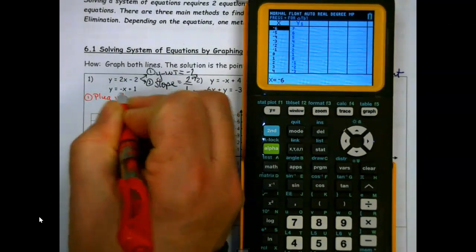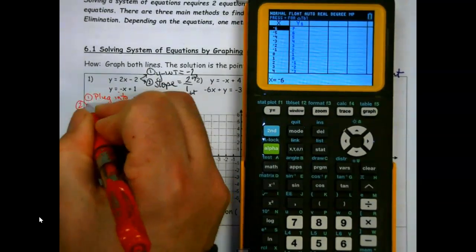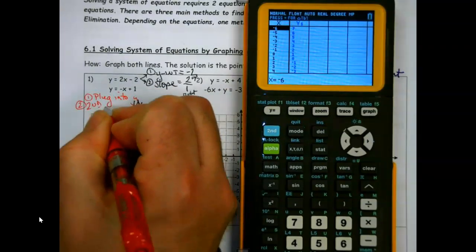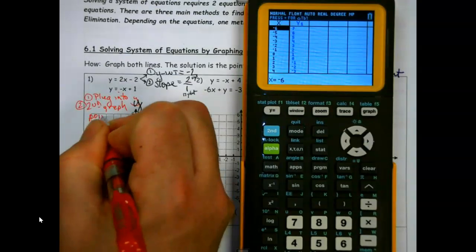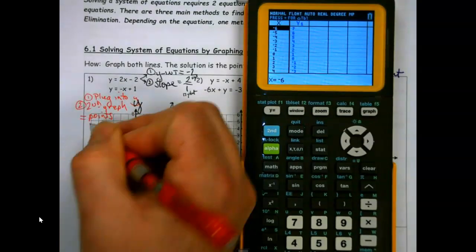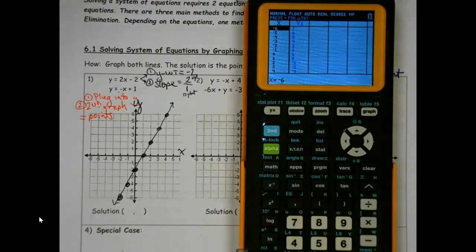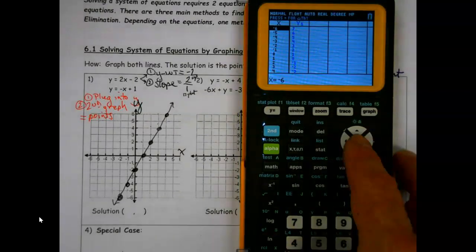We're going to plug the equation into y equals, and second graph gets me the points. So now they've got all these x and y coordinates that I can use.